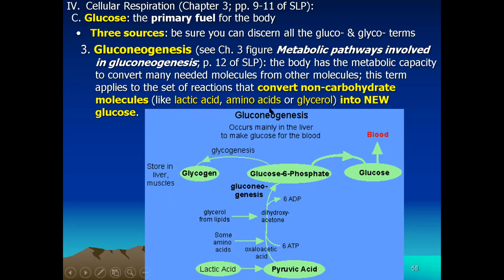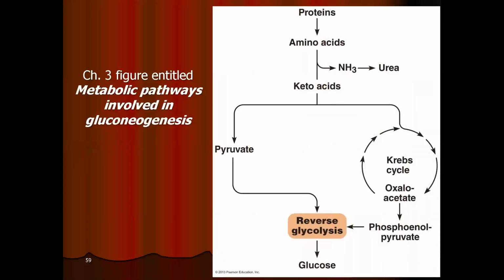So these are not carbohydrates, and your liver can actually make glucose out of them. That would be gluconeogenesis. So the 3 sources: facilitated diffusion, glycogenolysis, splitting apart glycogen, breaking apart links, or making new glucose from other molecules, gluconeogenesis. Okay? There's various pathways, and your liver does all of that.